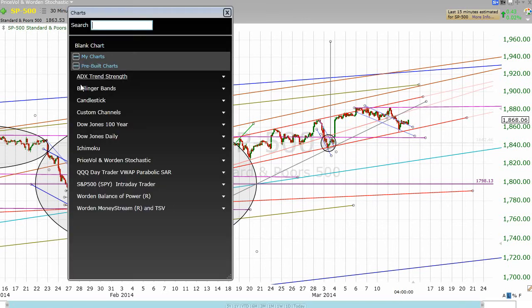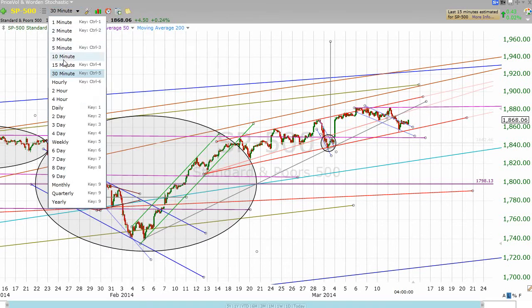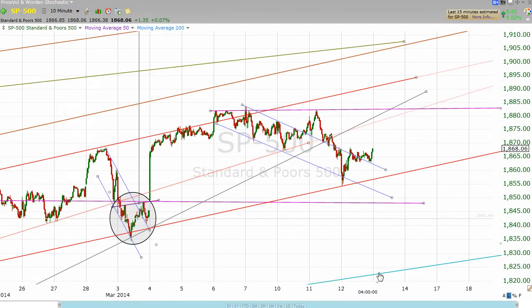But if we look at what took place on the 10-minute chart, you can see that we were in a descending channel. We broke out of that channel early yesterday, could not hold that breakout, back tested twice, then came down fairly hard.